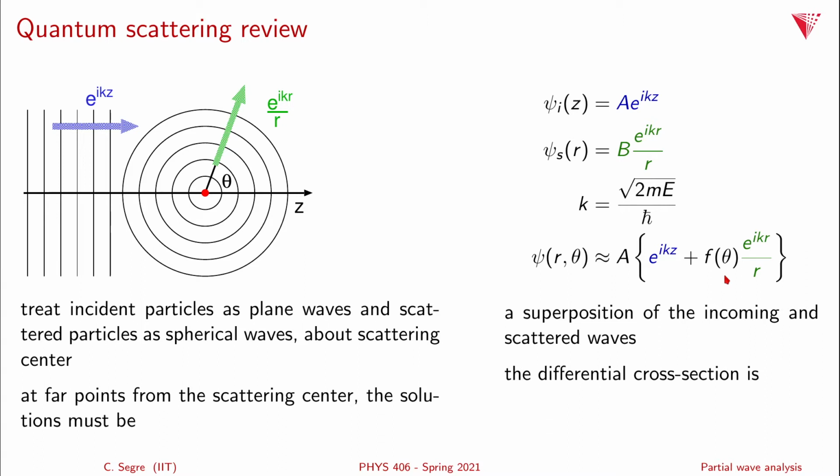So the differential cross-section is given by D(theta), which is d sigma by d omega, and that's equal to the absolute value of f(theta) squared.